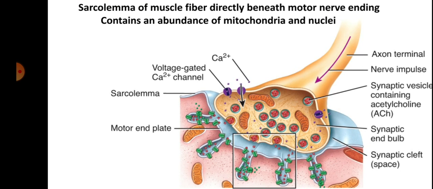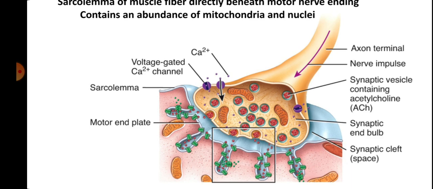Here, this is the neuromuscular junction. Here you can see the axon terminal, which is shown by a purple line.